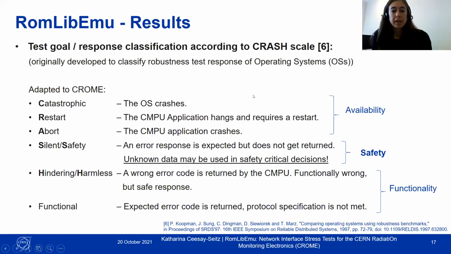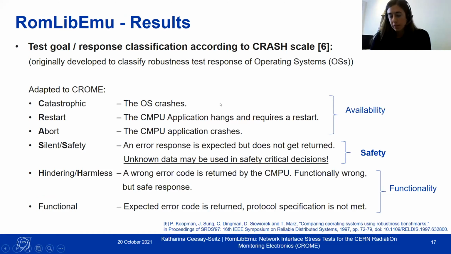We have categorized our test responses and also the test goals according to the crash scale, which we borrowed from robustness testing of operating systems. We have adapted it slightly. The first 3 cases of crash are, in our case, regarding availability. The C stands for catastrophic. This means the OS crashes.